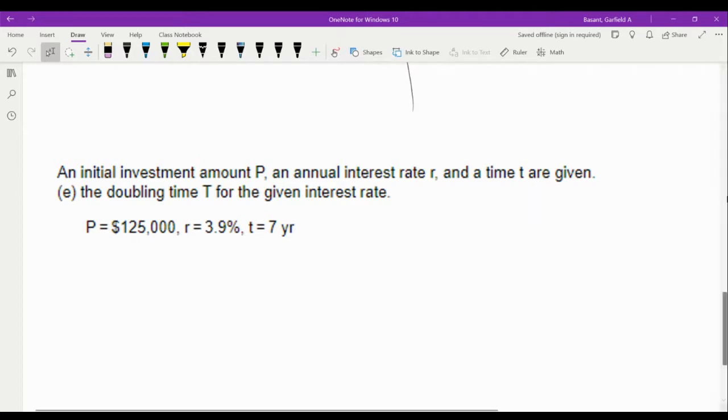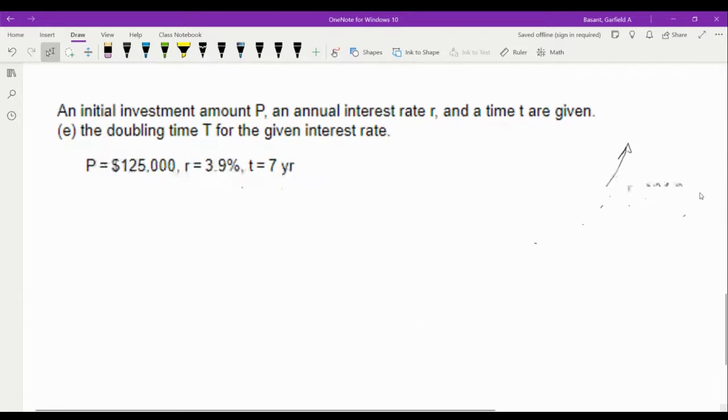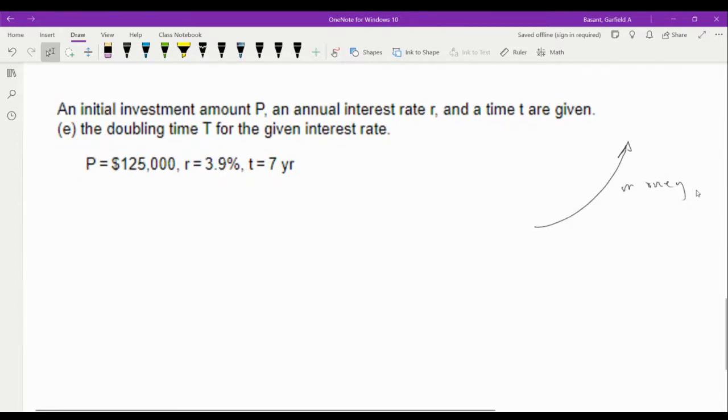So that's one of the applications. Your money over time will grow like this. This is exponential growth. If your money is not looking like that, then you should be investing in something.